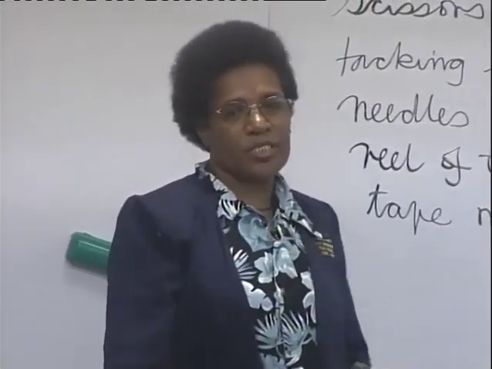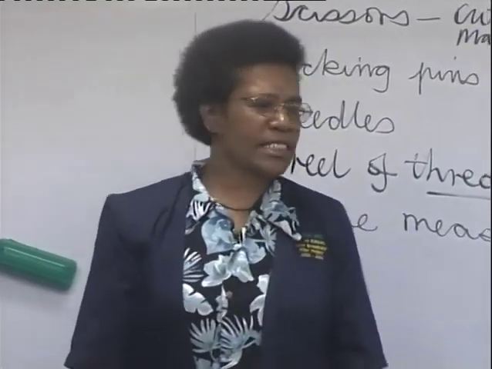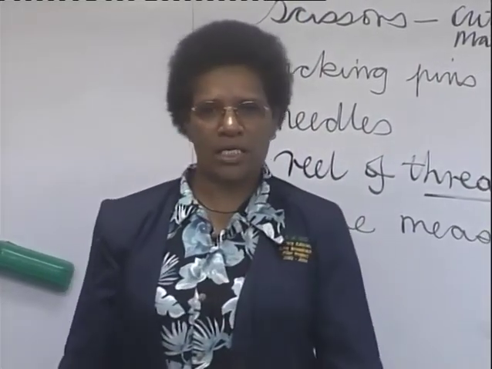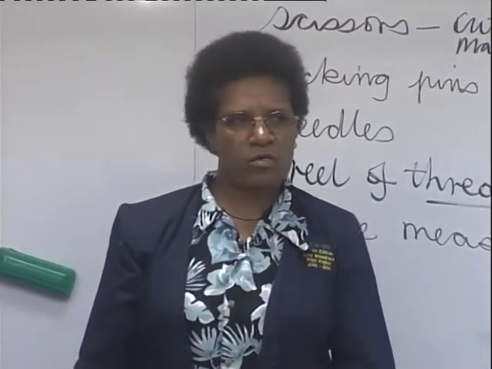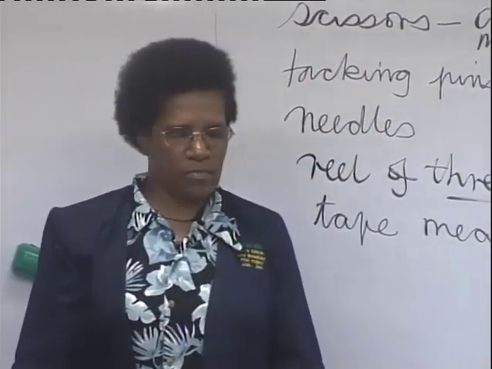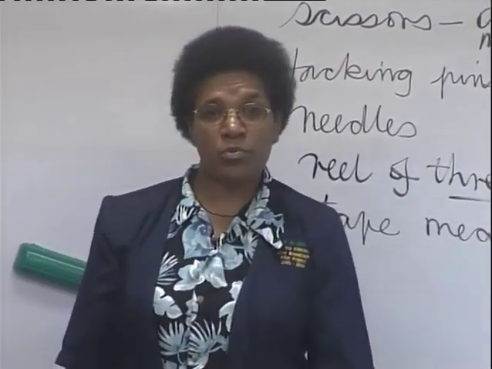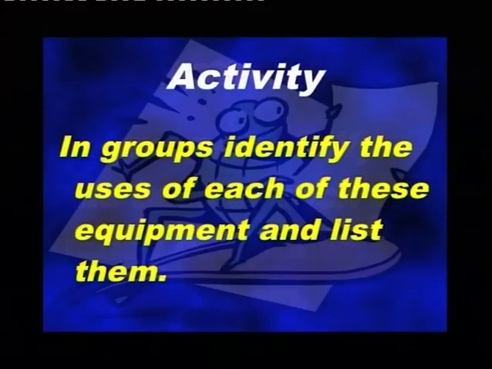Now in your groups, you will be doing one activity. We've already done the first one, a pair of scissors. And together in your groups, you will be doing an activity. If I can have every one of you read that together. In groups, identify the uses of each of these equipment and list them. Okay, we've done one already as an example, a pair of scissors.